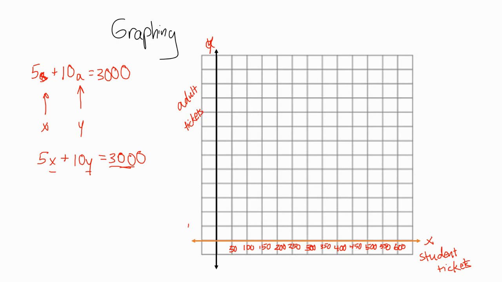And let's go by 50s on the y-axis as well. 50, 100, 150, 200, 250, 300.